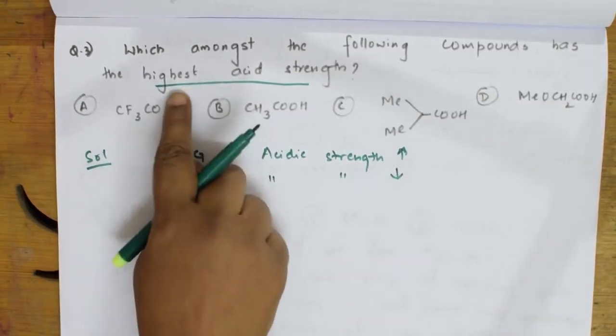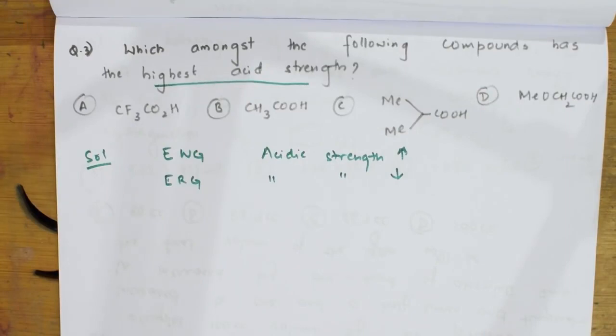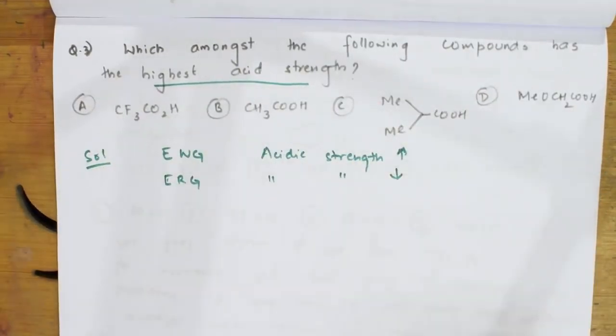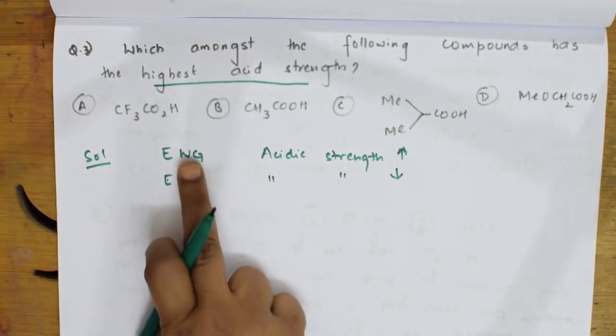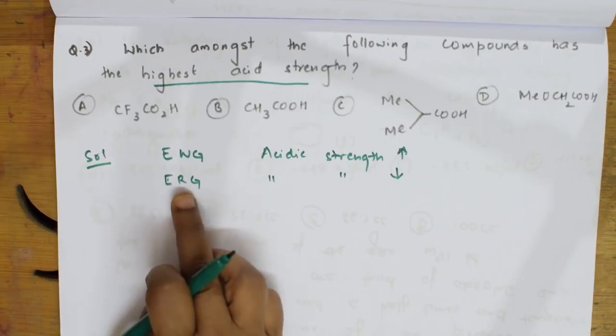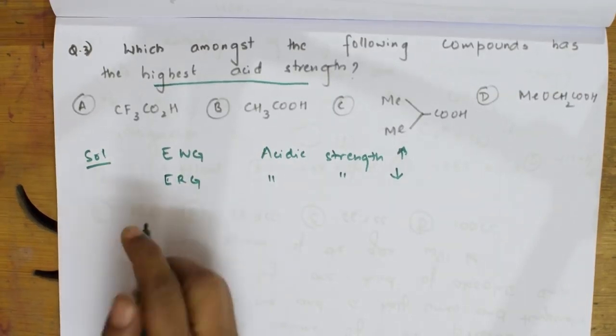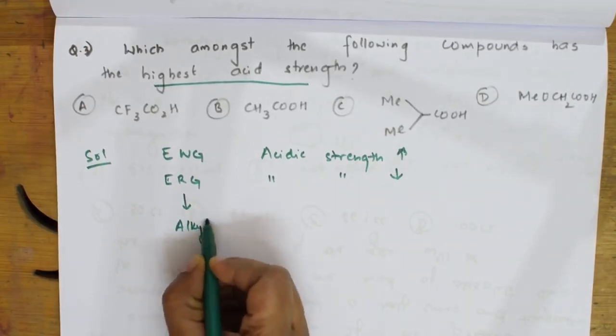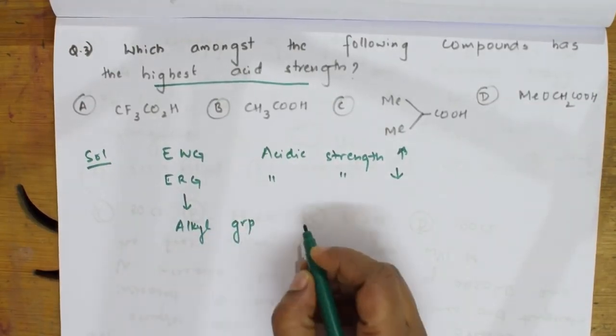Remember this. Now they asked me to write which has the highest acidic strength. Now I have to check among all these which has more electron withdrawing groups. Electron releasing groups are always alkyl groups, right?